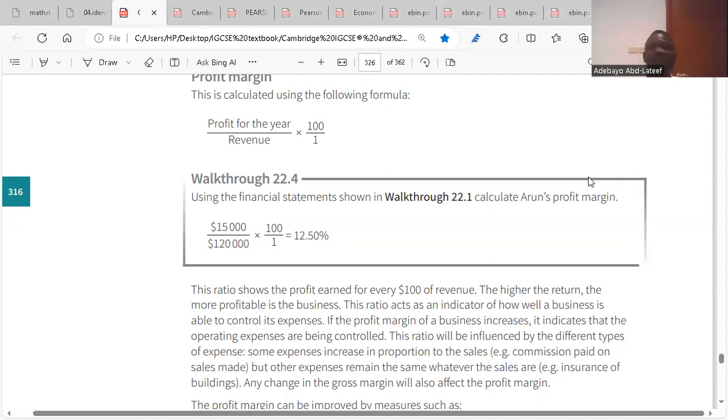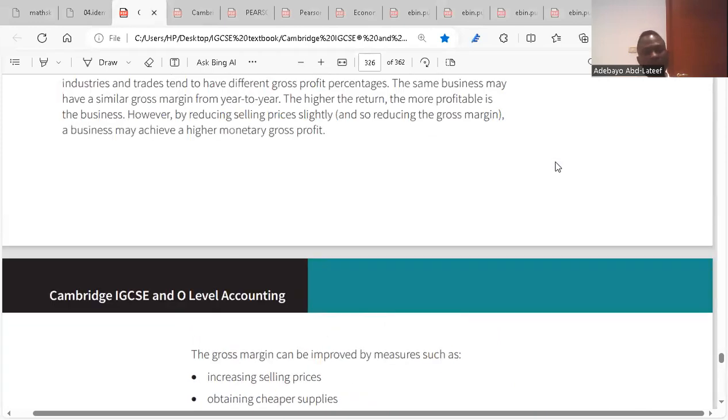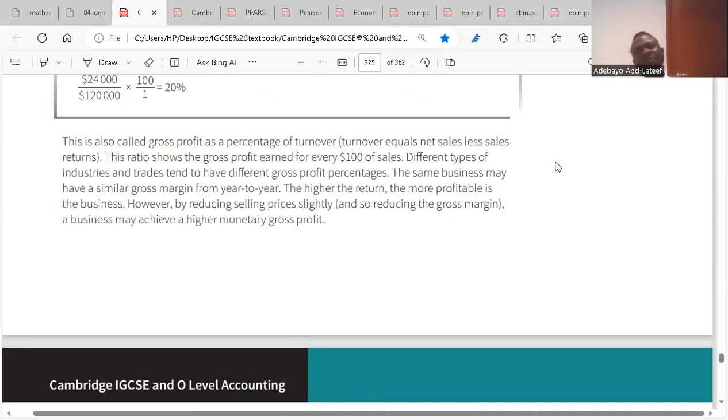But net profit margin is, most of the time, about how we can curb our expenses. It investigates how we are able to reduce our expenses as a business. If our expenses are reduced, it will increase our net profit margin.